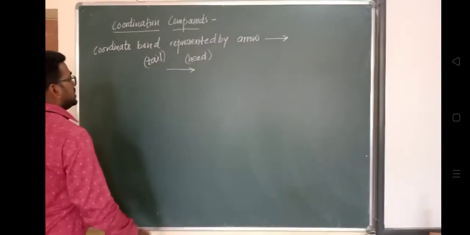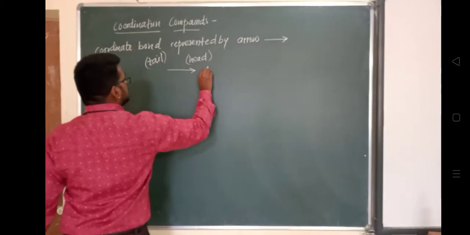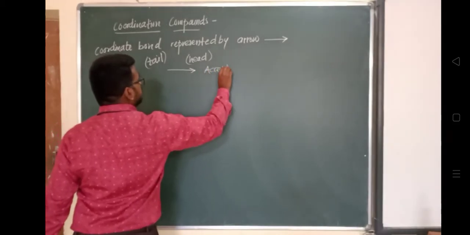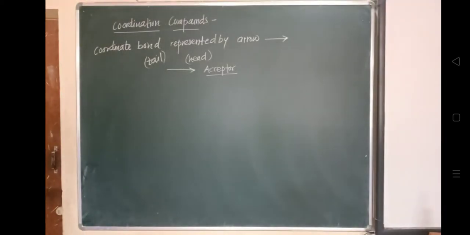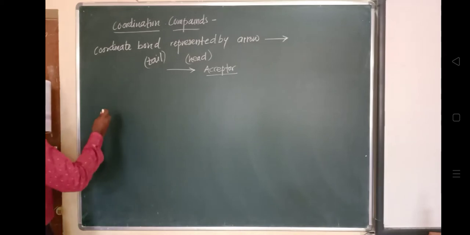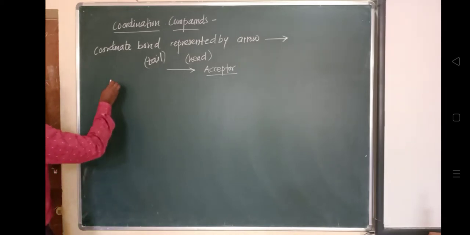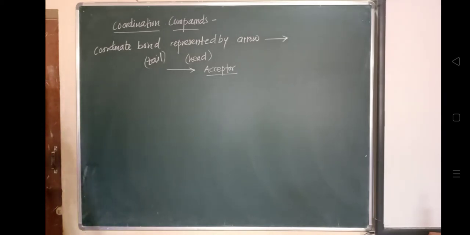So the head is pointing towards the acceptor, the one which accepts the electron, and the tail is the one which donates the electron. The arrow points towards the electron acceptor, and the central metal atom or ion is usually an electron deficient species.